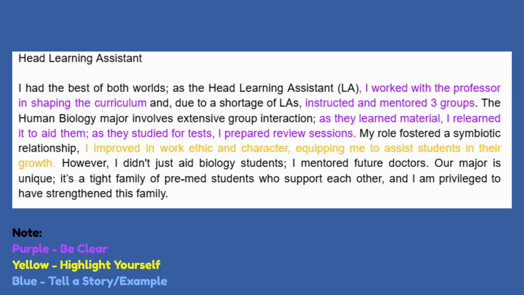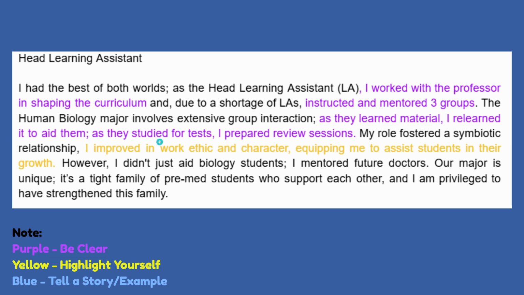Immediately, they know that this guy, me, is involved in curriculum development and is also doing an additional task, which is mentoring students. Some of this could be in blue because I then give examples of what that mentoring looks like when I talk about review sessions and helping them study for tests. So this could be blue, could be purple, but you get the point.